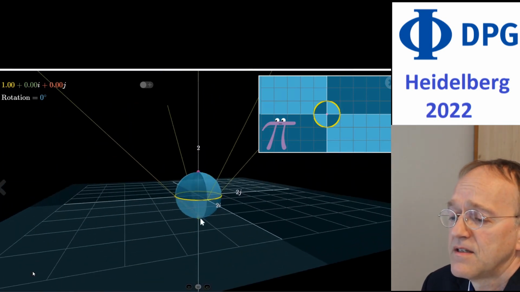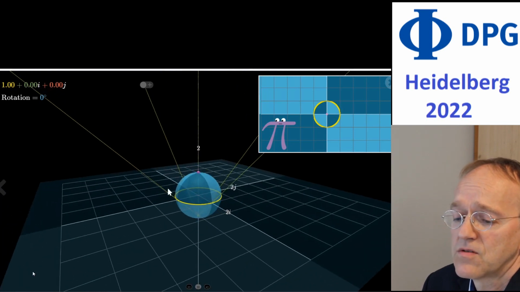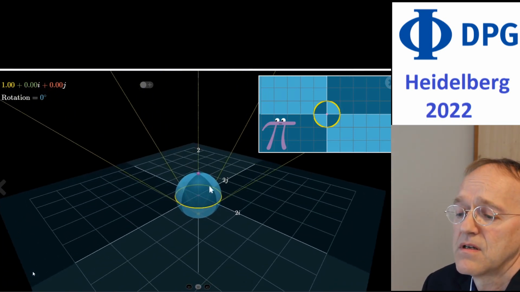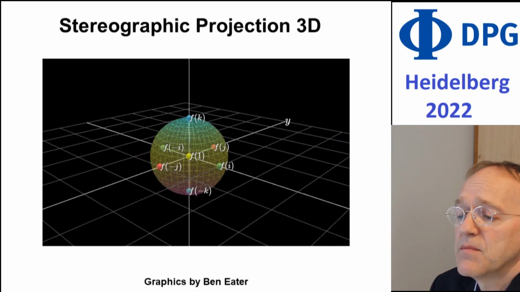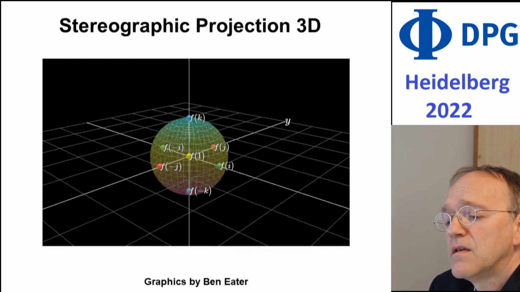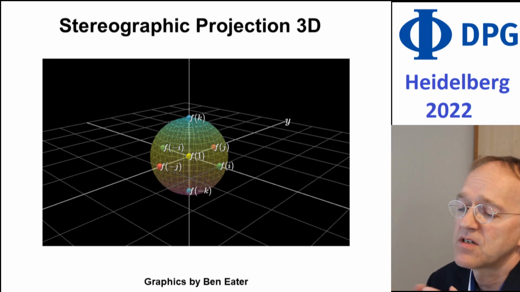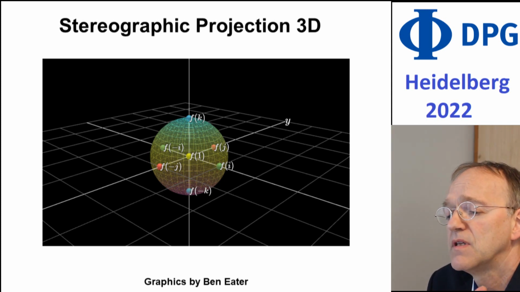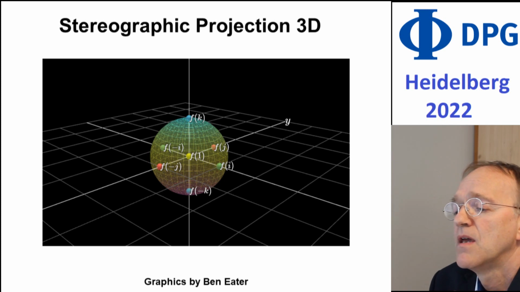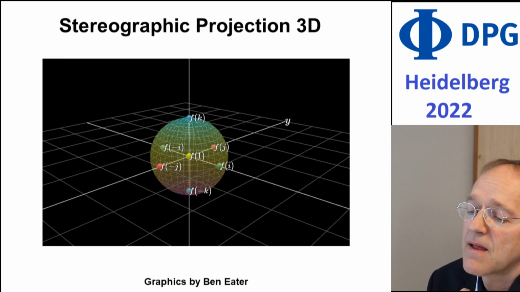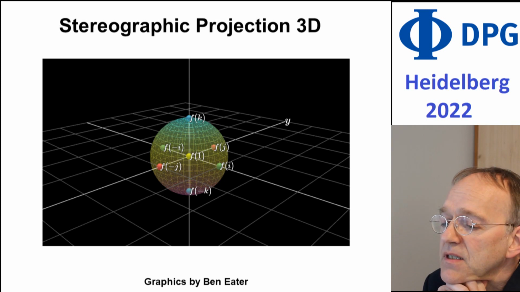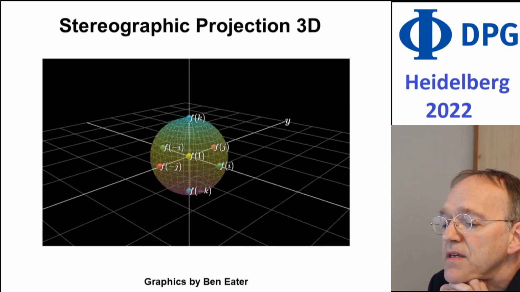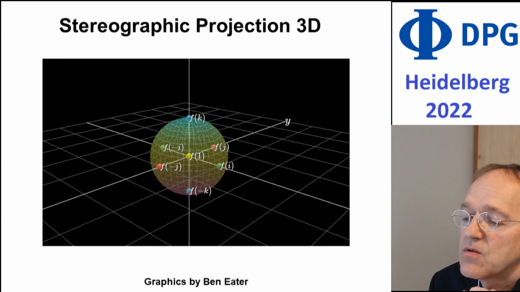And now I should stop here, and I go to 3 dimensions. We have 3 complex dimensions here, I, J, and K, and these complex units are projected to the usual X, Y, and Z units in the Cartesian space, while the 1 is projected to the origin in this projection.